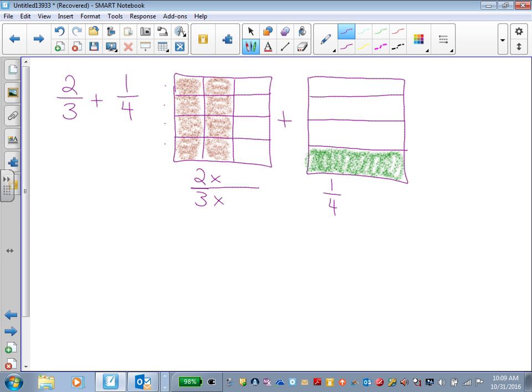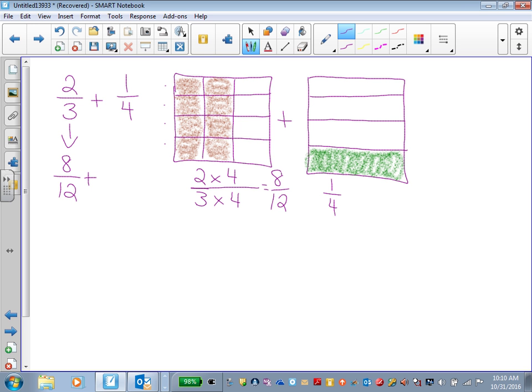Yes. So I'm going to multiply by 4. 2 times 4 is 8. And 3 times 4 is 12. So 2/3 is equivalent to 8/12.